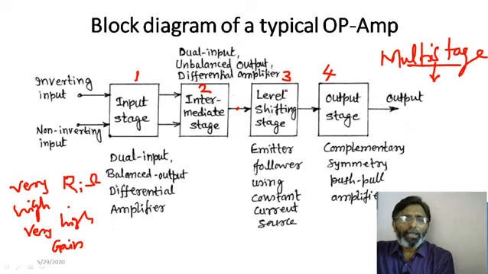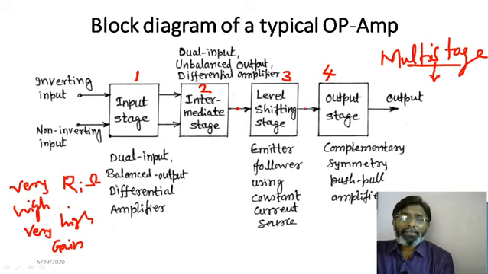That's why we have a level shifting stage. This level shifting circuit is basically an emitter follower, or a common collector configuration of BJT amplifier. We use this emitter follower with a constant current source so that we can shift the level of the DC signal to 0.